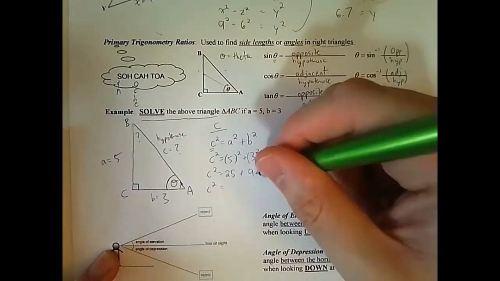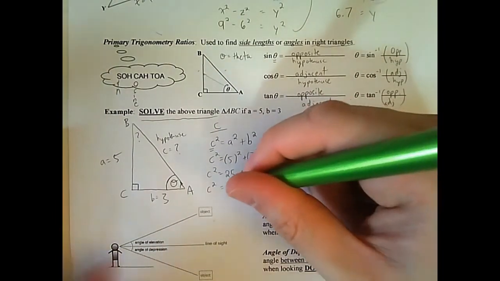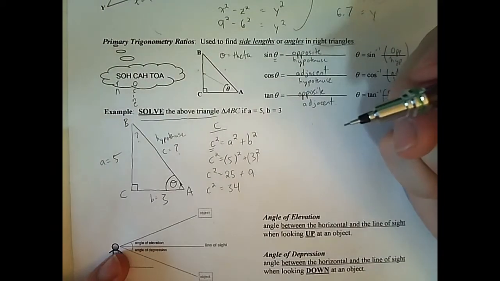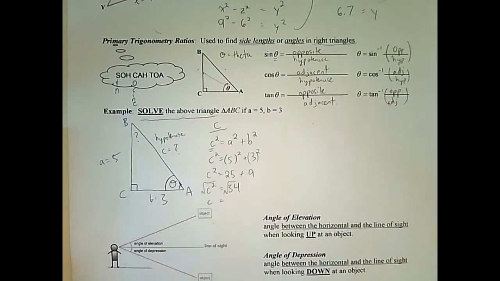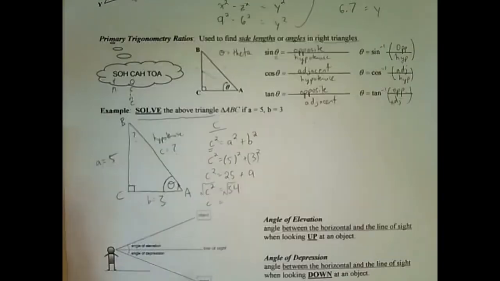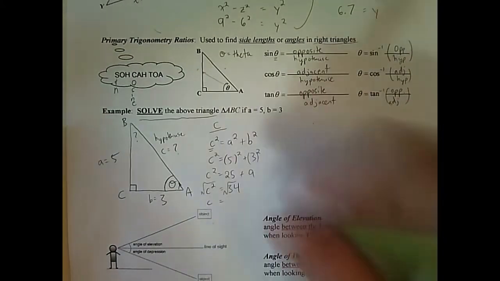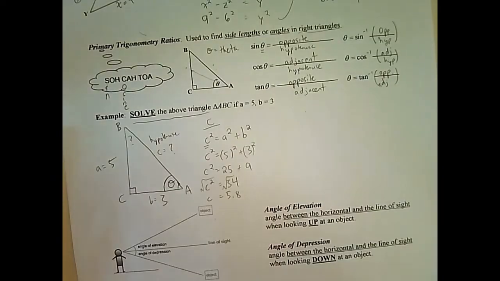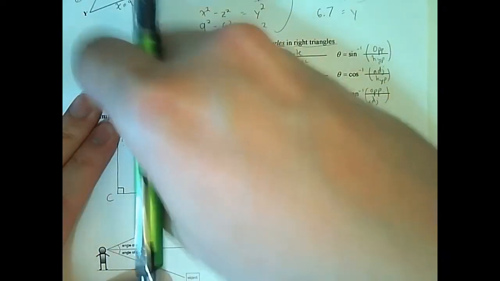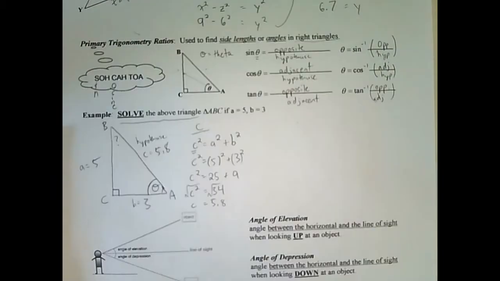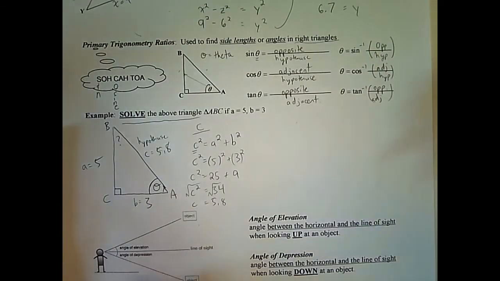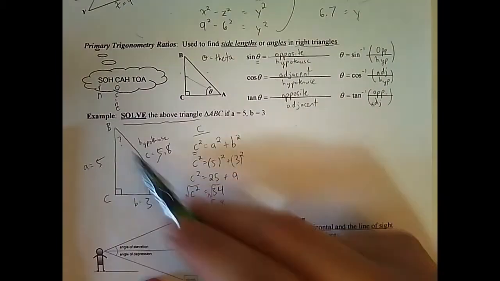C squared is 25 plus 9, which is 34. And if I take the square root of both sides, the square root of 34 is 5.8. So we can say that the hypotenuse length is 5.8. So we have letter C figured out now. So I need to figure out my two angles now.